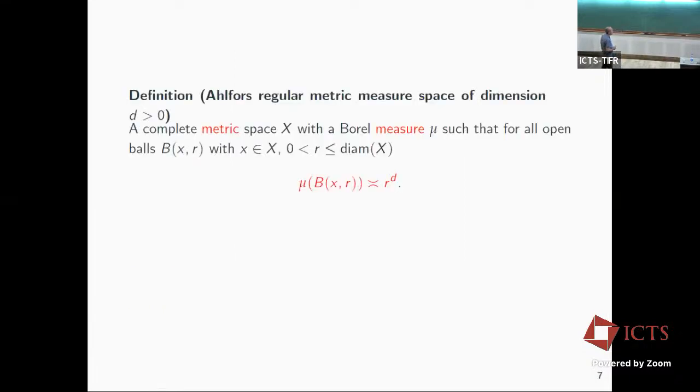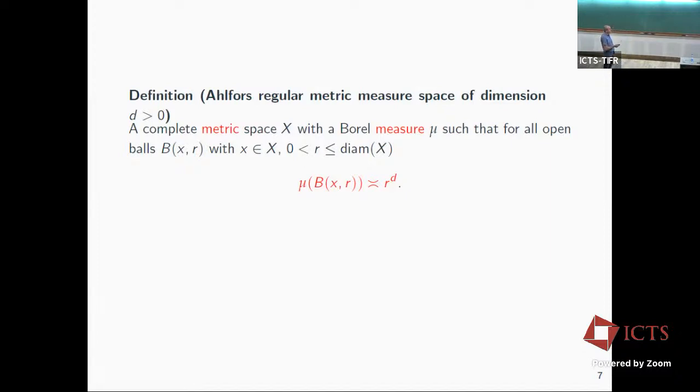Okay, so the proof I will present today is a little bit more general than what would be needed in the case of a manifold, and it holds for all Ahlfors regular metric measure spaces of dimension D. By this I mean a complete metric space with a Borel measure such that all open balls with radius smaller than the diameter of the space have volume controlled above and below by a constant times r to the power d.